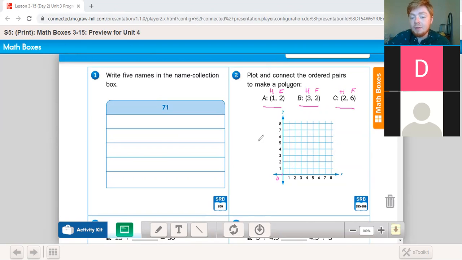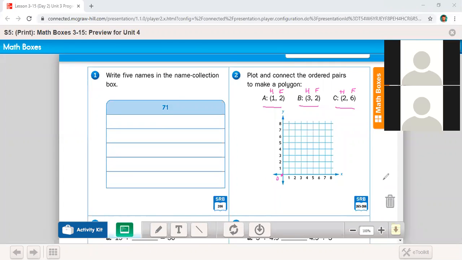Okay, all right. So can someone tell me where point A goes? If I start here at 0 all the time, where do I go first? Do I go hallway or am I going up? I don't see any hands.